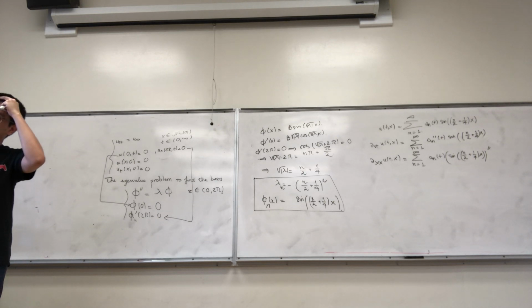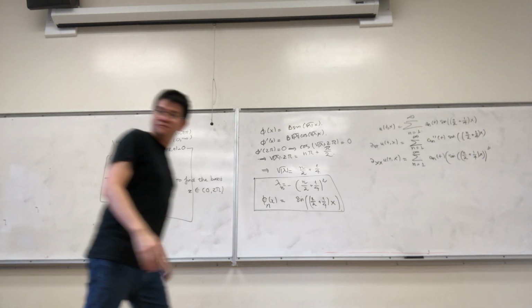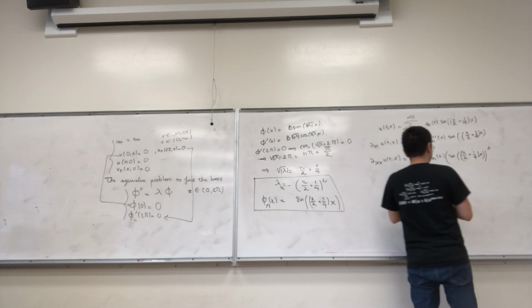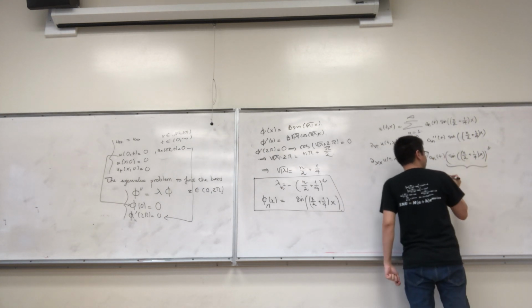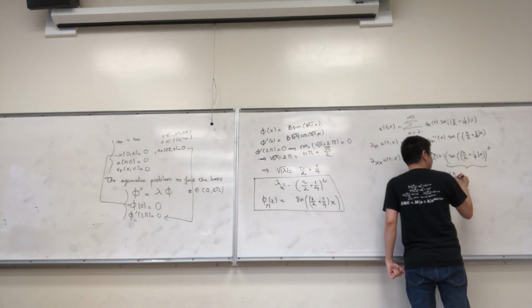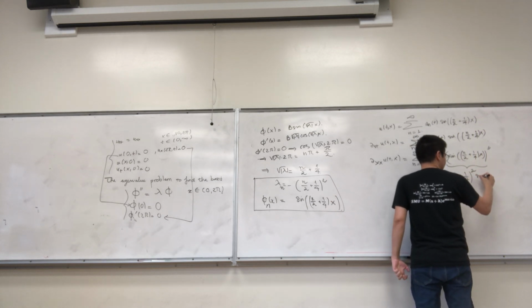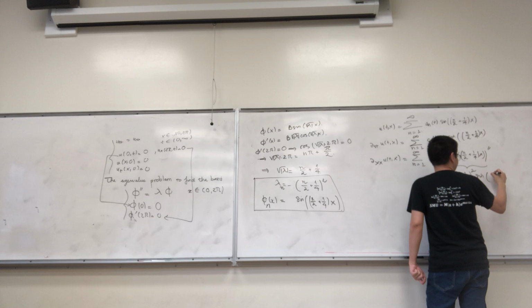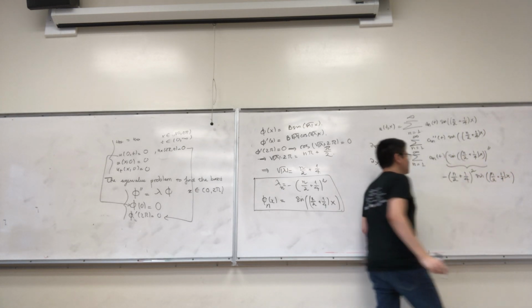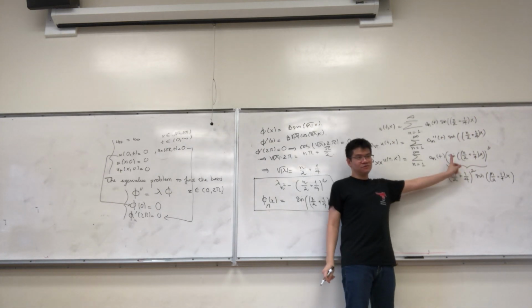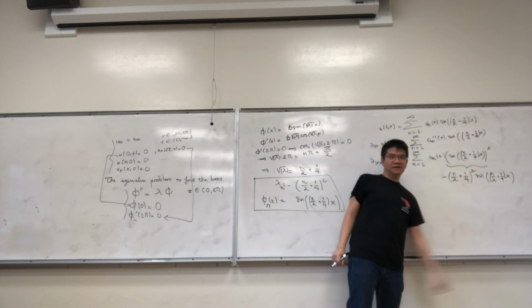It's just lambda and phi n in this case, but that's phi n double prime. So this guy, you're going to replace it by minus (n over 2 plus 1 over 4) squared, sine of (n over 2 plus 1 over 4)x. So you know that this second derivative will be lambda n phi n.